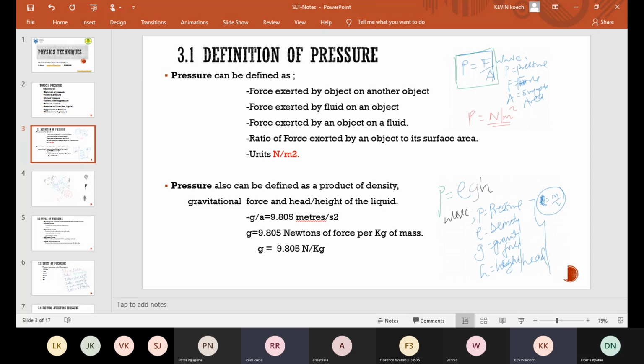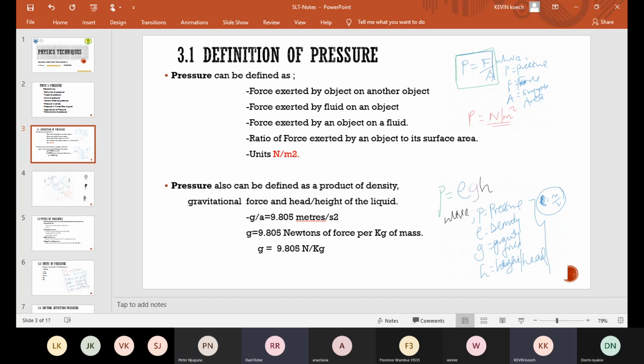Define what is F, which is force, and their units. Force in N, which is Newton. A is the area or surface area in meters squared. And there you will get marks. Or you define with wordings, like you may say force divided by area, as we have said.